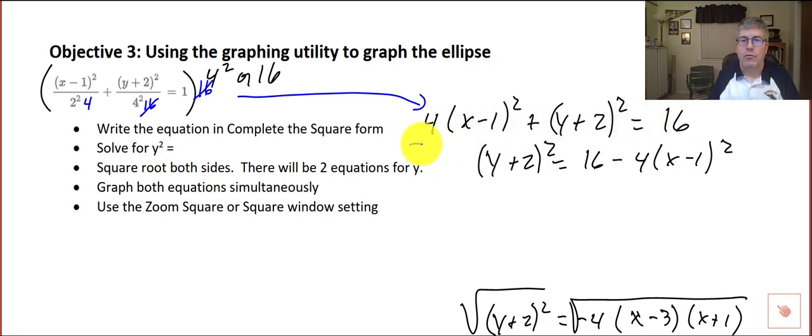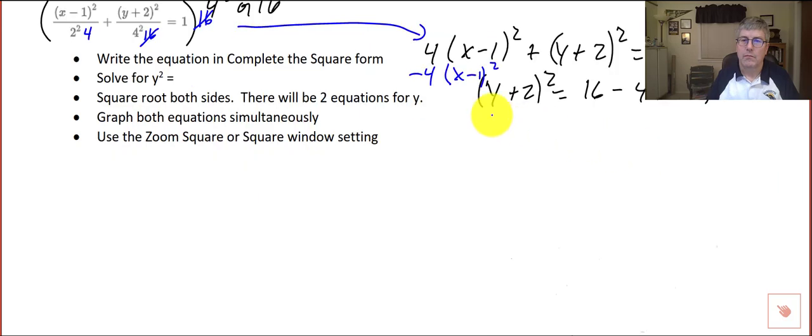I'll subtract the 4 times (x minus 1) quantity squared from both sides, and I get (y plus 2) squared equals 16 minus 4 times the quantity (x minus 1) squared.